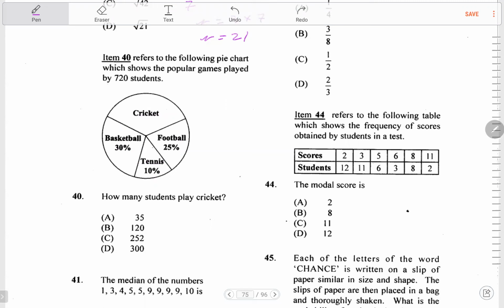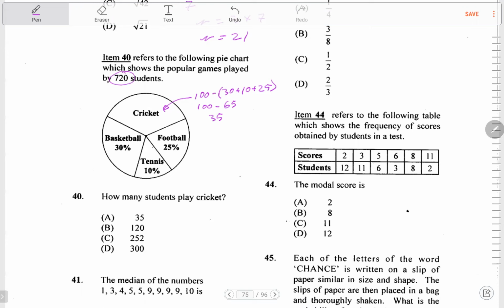They gave us these three, so the cricket percent is 100 minus the sum of these. The sum of these is 30 plus 10 plus 25, which is 65. So 100 minus 65 is 35%. Therefore, cricket is 35%.